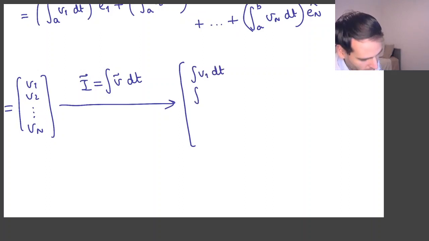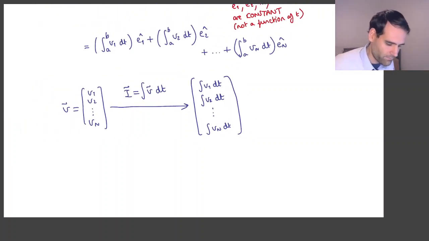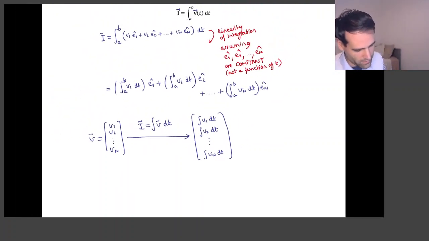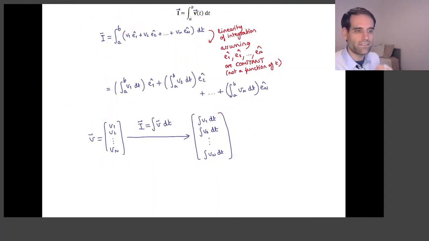The second component is the integral of the second component with respect to t. And the nth component is the integral of the nth component of the vector with respect to t. And that's it. So this and this are saying the same thing, just writing it as a linear combination of the basis vectors, or writing it as a vector. Okay, so this will be our result, I vector.